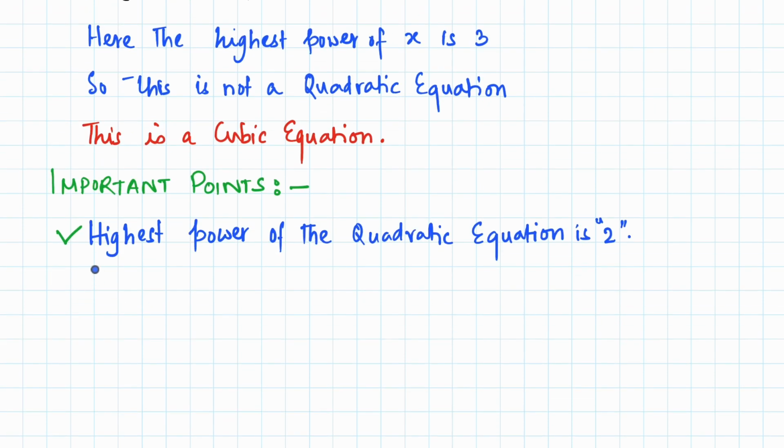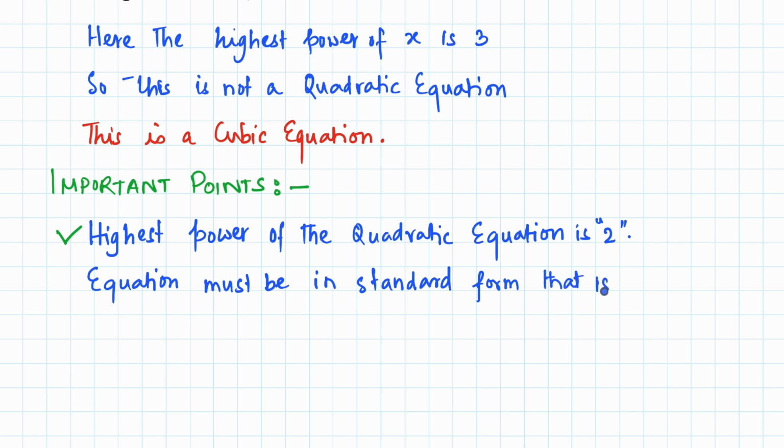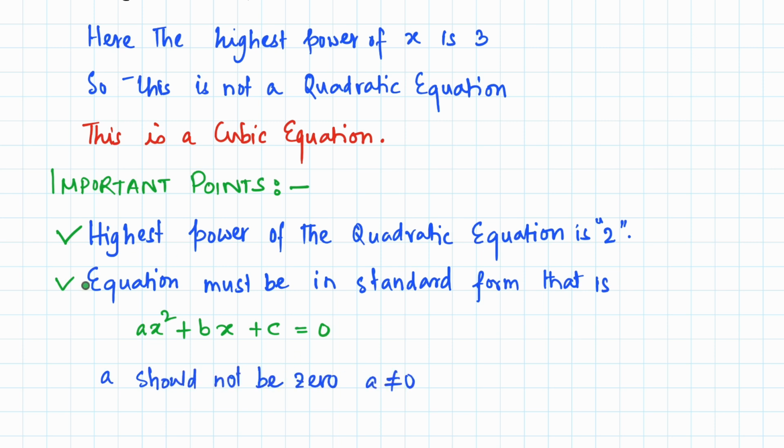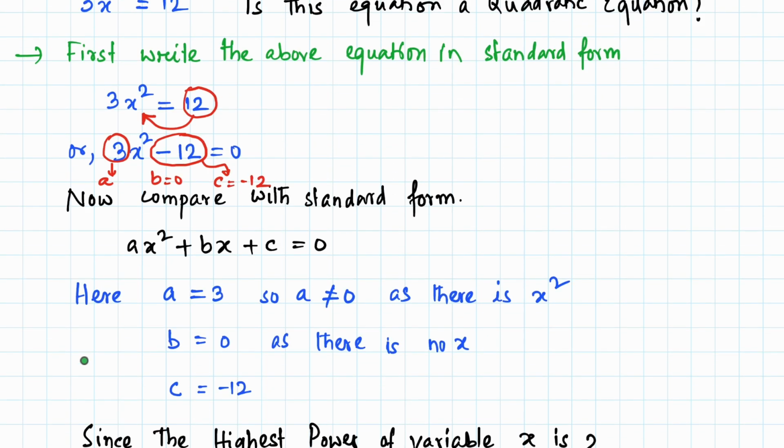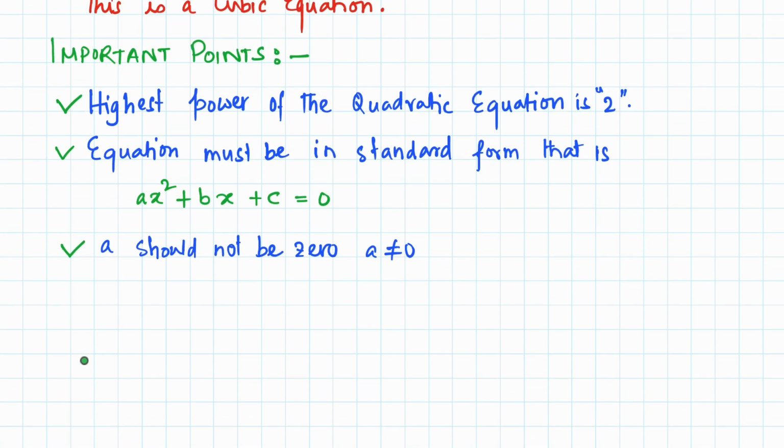Then the equation must be in a standard form, that is, it should always be written as ax square plus bx plus c equal to 0. This is the second important point. And a should not be equal to 0. This is the important thing in a given quadratic equation.